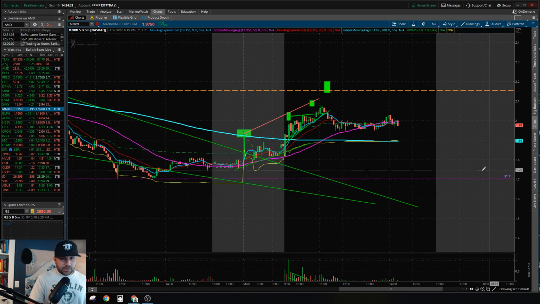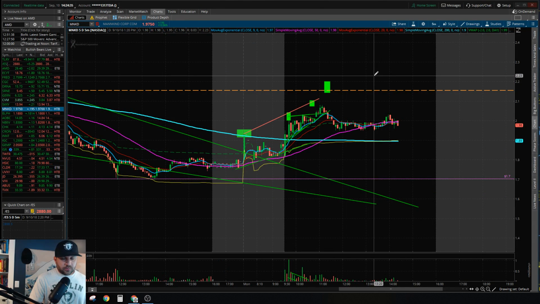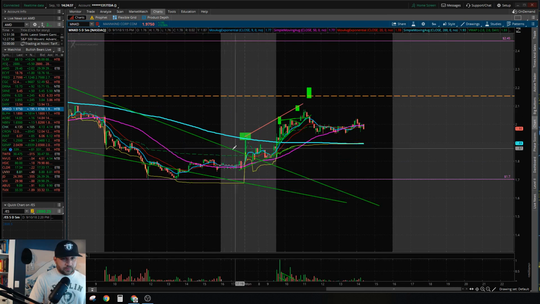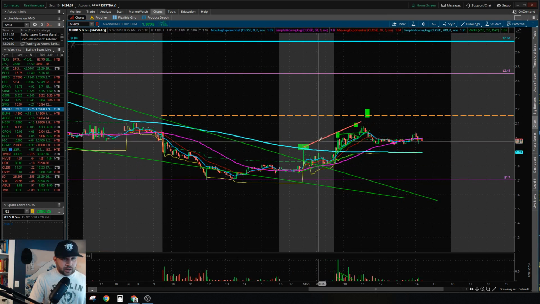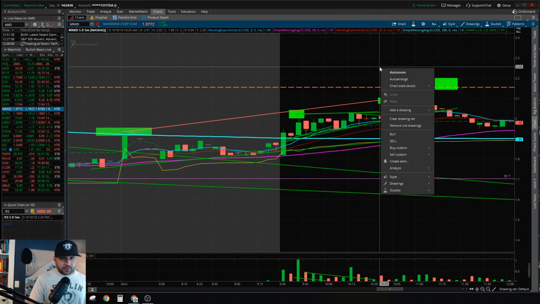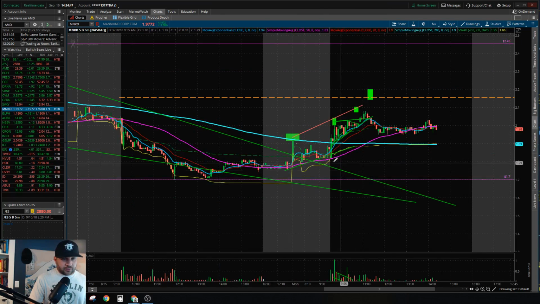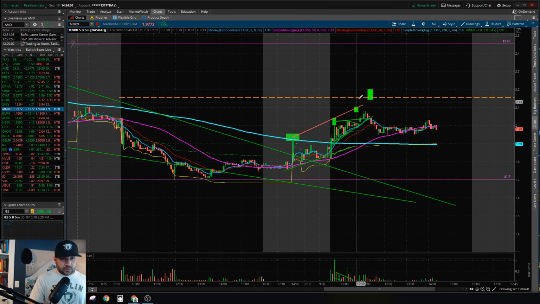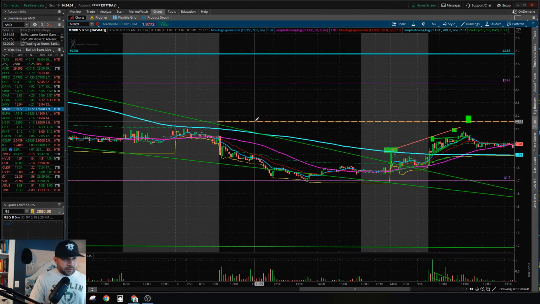We were looking for 215 today out of this channel, and we didn't get it. We got kind of a rising wedge, an ascending triangle within a rising wedge. We were hoping for some kind of a volume trend, volume to come through and help you hit 215. And we just didn't get it.